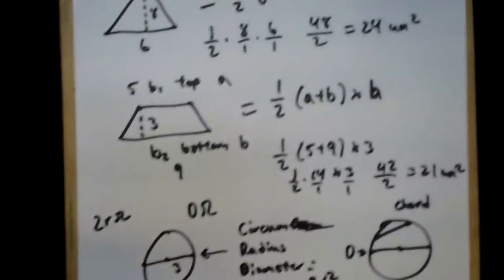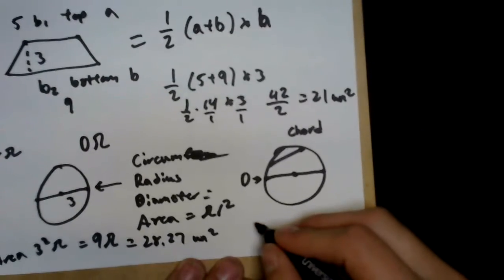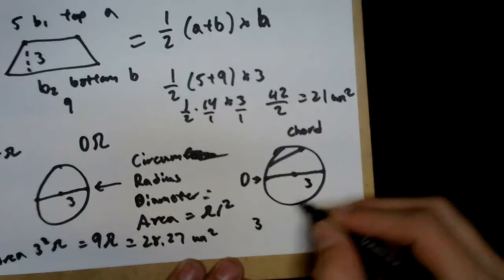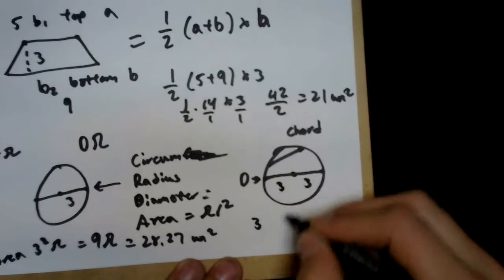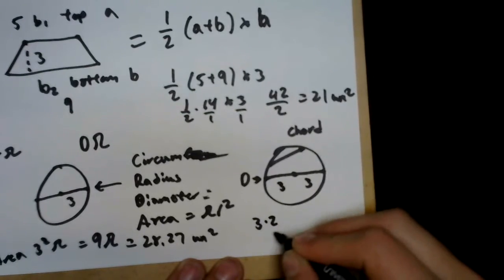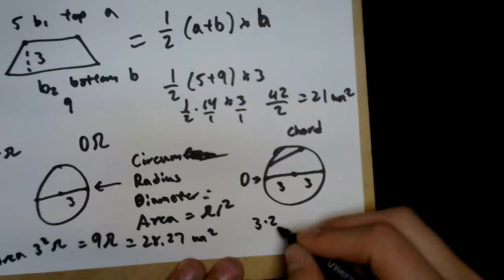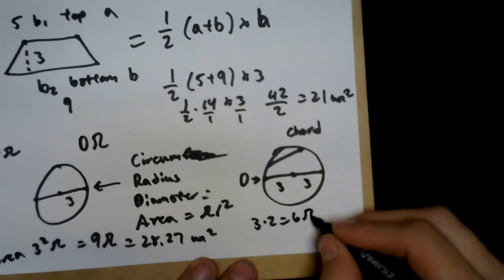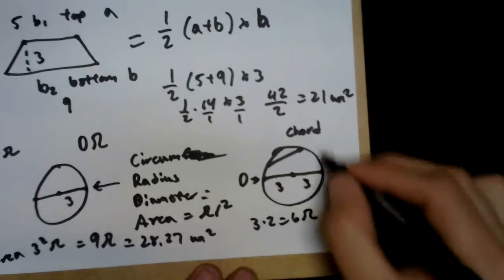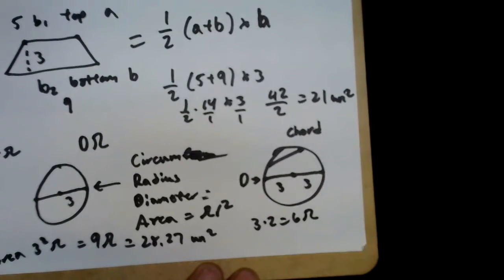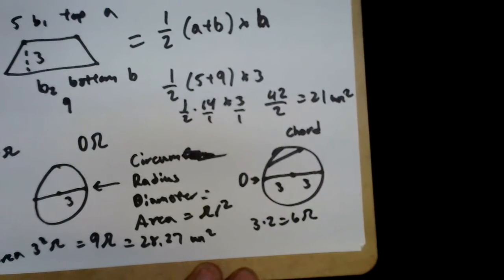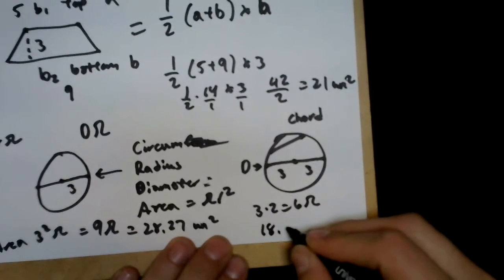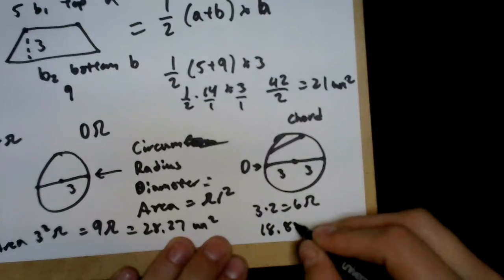So say that's 3, and this is 3, so 3 times 2, or 3 plus 3, is 6. So you get 6 times pi as the circumference of a circle. And if you want to know the decimal approximation for that, it is 18.85 rounded.